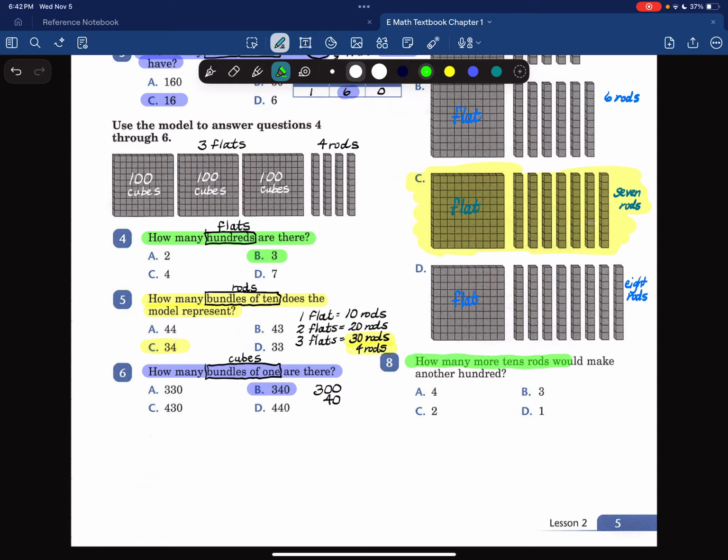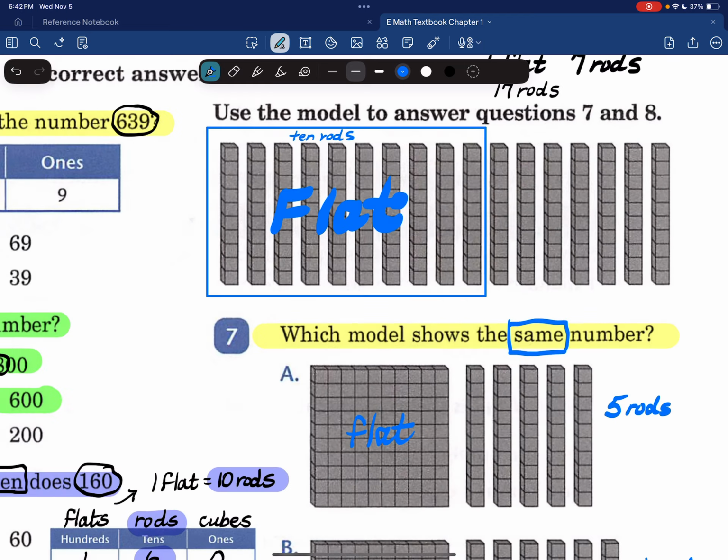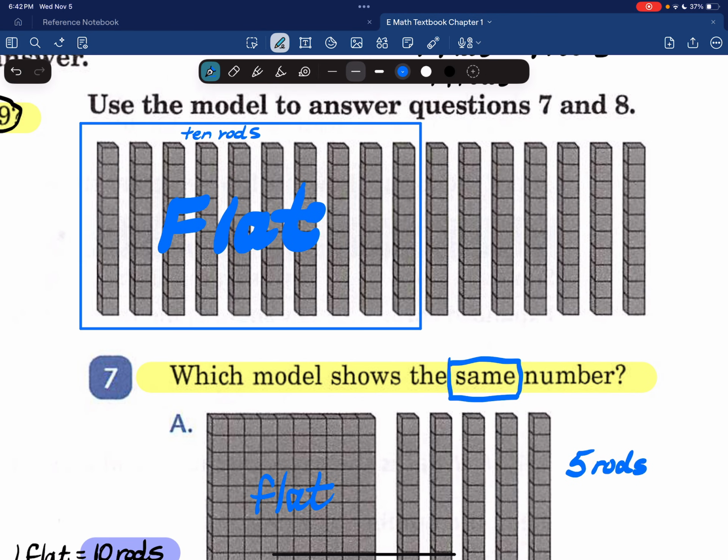I'm rubbing my nose. How many more tens rods would make another 100? And I want you to focus on this word 100 because that is another flat. So what they're asking is how many more of those rods would I need to get another flat? And I would have to have 1, 2, 3, 4, 5, 6, 7, 8, 9, 10.